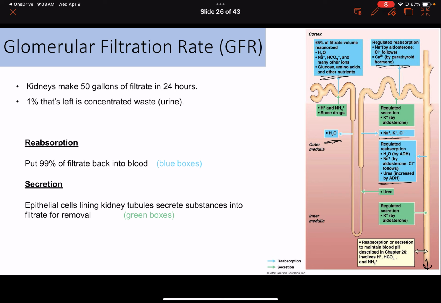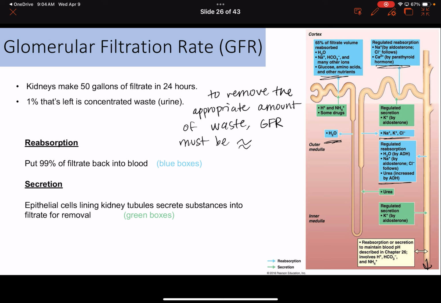To remove the appropriate amount of waste, GFR must be about 125 milliliters per minute.